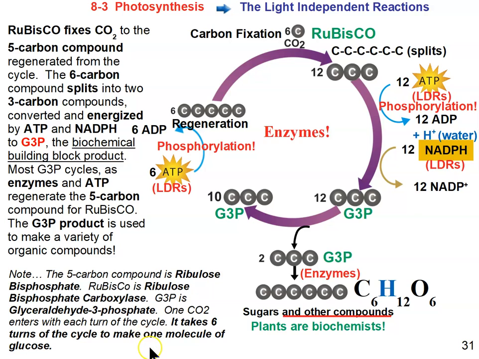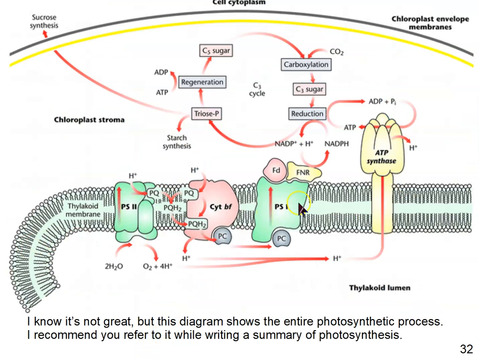The next slide is a summary of the entire process. So we have the thylakoid membrane here, we've got the stroma out here. So we're seeing both the light-dependent and the light-independent reactions and how they're linked together by the ATP-ADP cycle and the NADPH-NADP plus cycle.